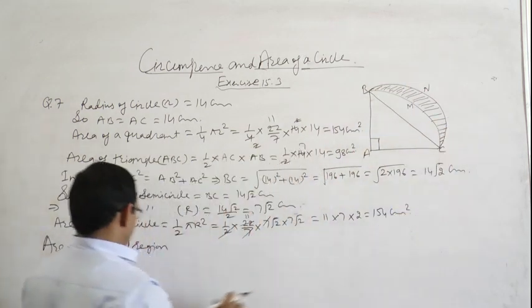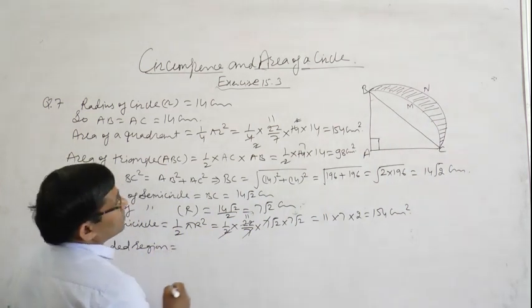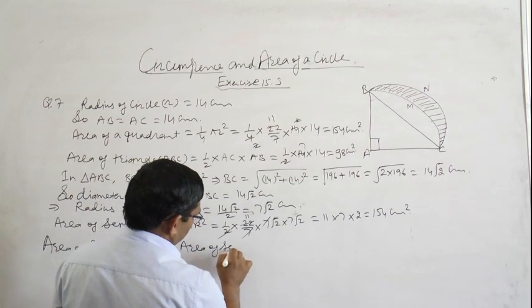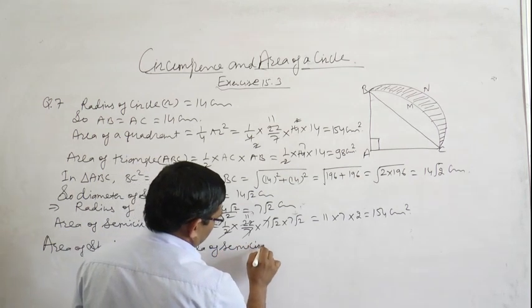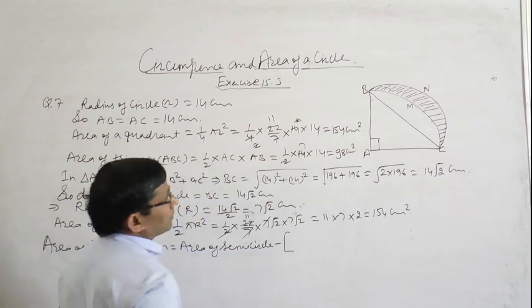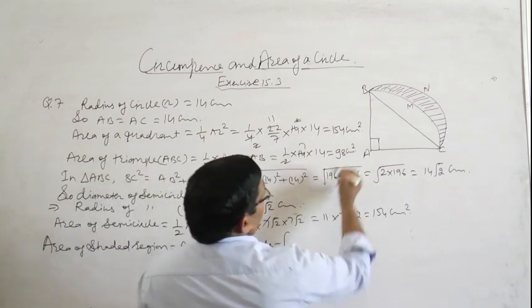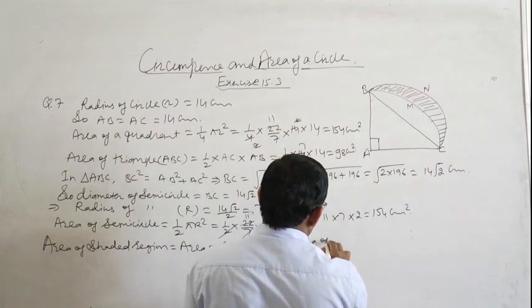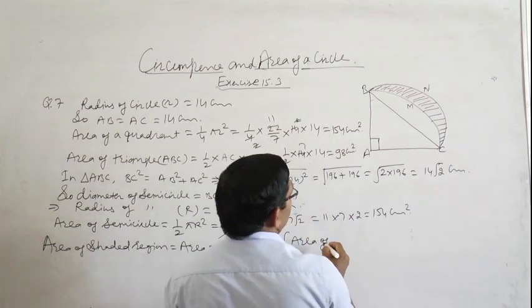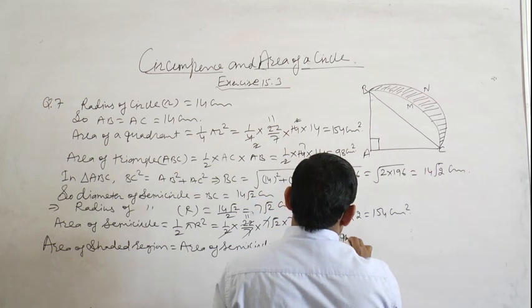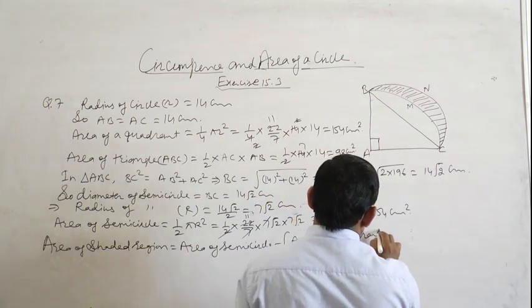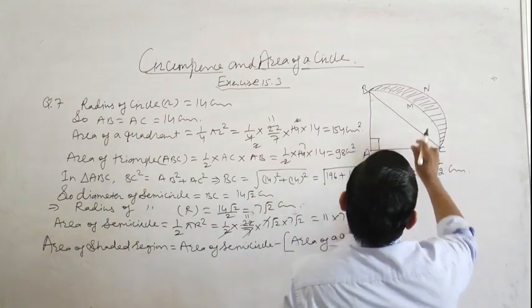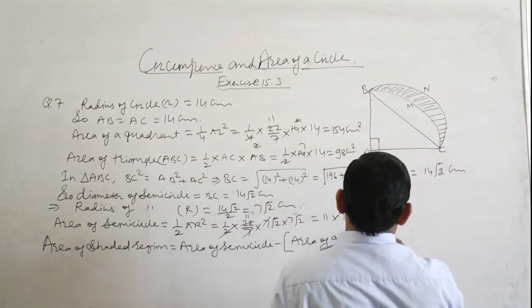Area of the shaded region is equal to area of semicircle minus area of quadrant minus area of triangle.